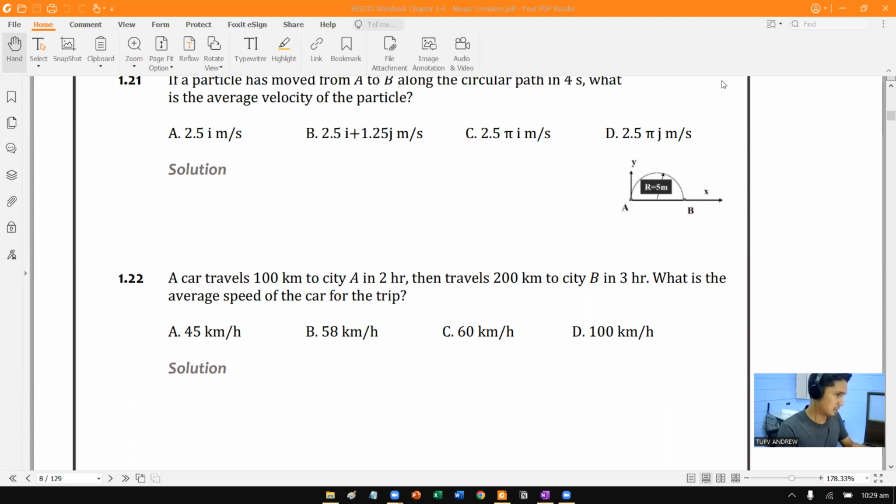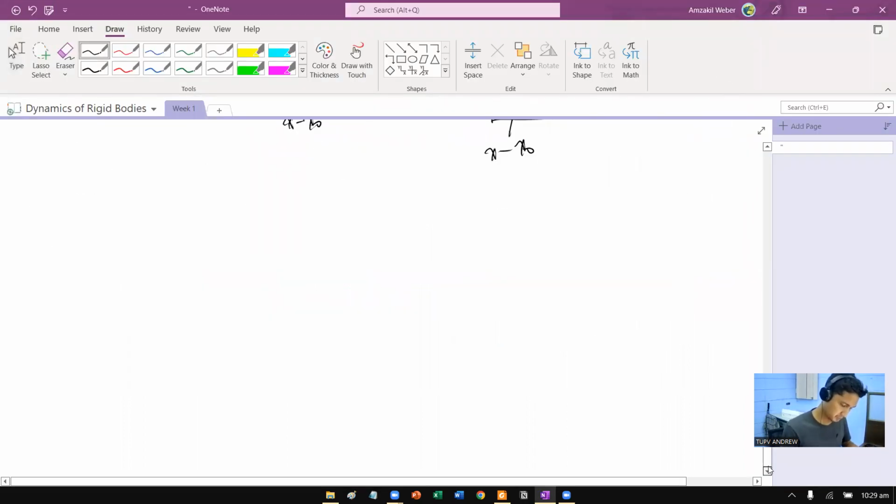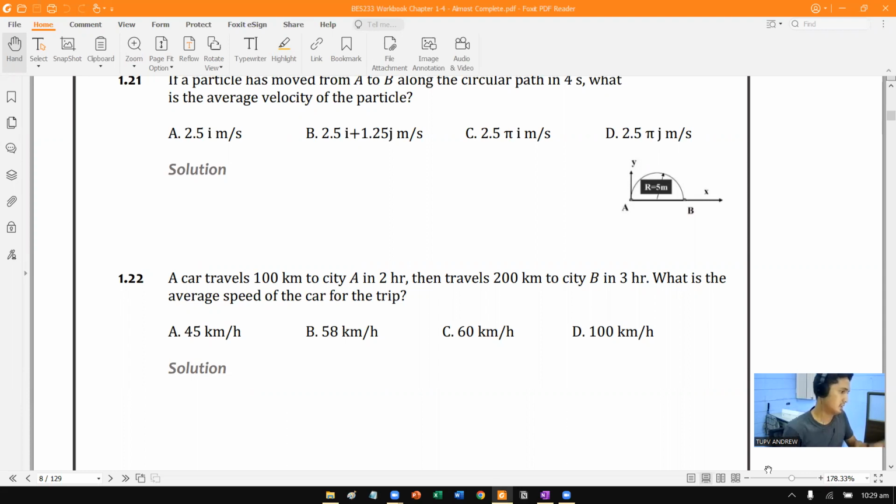Let's go to OneNote. This is problem number 2. The question is, a car travels 100 kilometers to city A in 2 hours, and then travels an additional 200 kilometers in 3 hours.